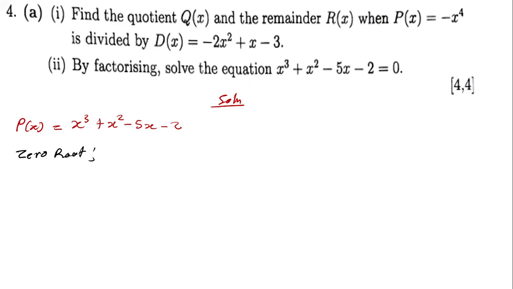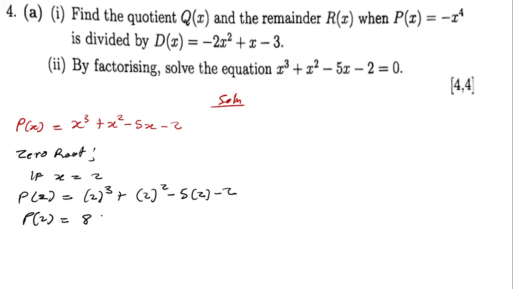So if x is equal to 2, then p of 2 is 2 cubed plus 2 squared minus 5 times 2 minus 2, which is 8 plus 4 minus 10 minus 2, and p of 2 is equal to 0.